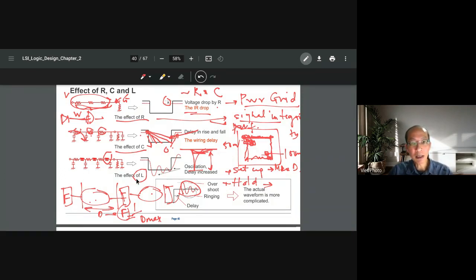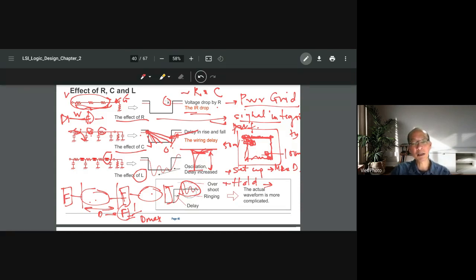The third one is the effect of L. I think I talked about that. It is represented in the circuit signal by the bounce, the ringing here. When you simulate the circuit and see the ringing here, that means there's an L. The ringing is L because it represents the resonance, right?